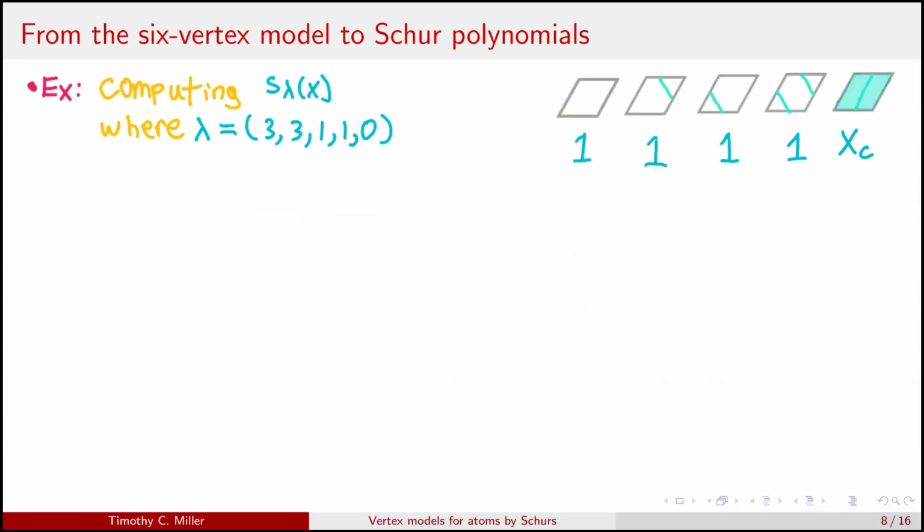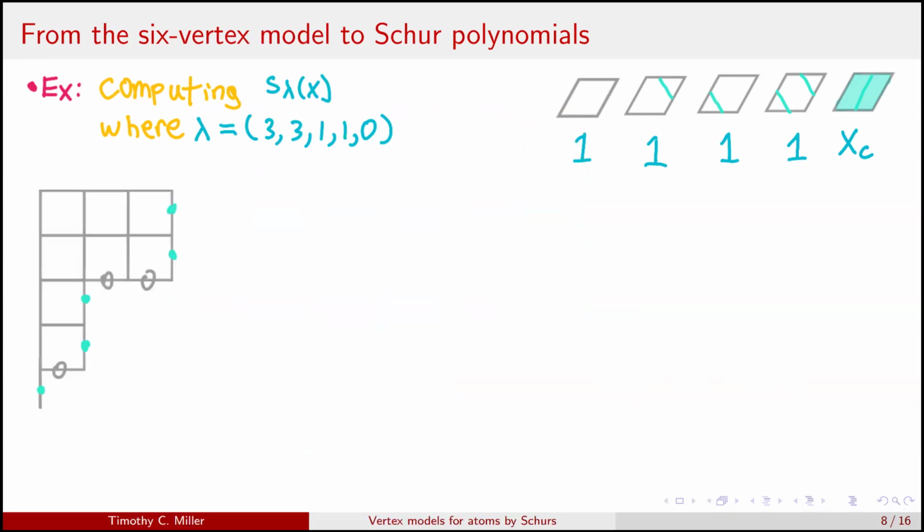And so to compute the Schur polynomial on 3, 3, 1, 0 with our model, first you enclose the partition 3310. You take its Young diagram. And then you start at the bottom, and every time you move vertically up, you put a blue dot. Every time you move horizontally across, you put a white circle.